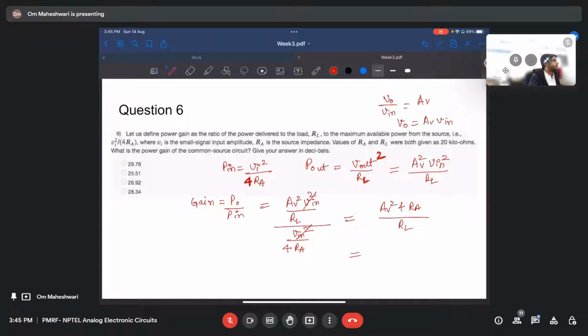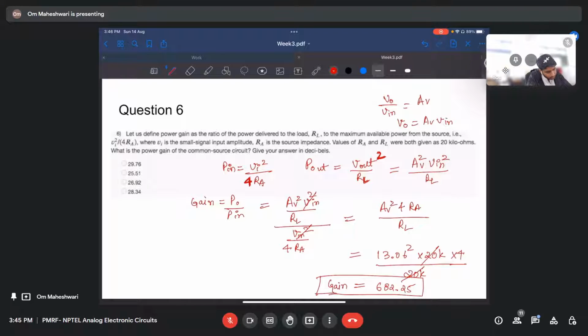What was AV? AV was 13.606 square. RA was 20 kilo ohm and RL was also 20 kilo ohm. So cancelling this, we will get 682.25 gain.